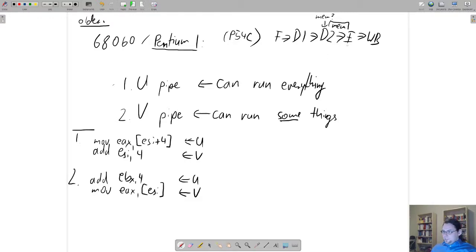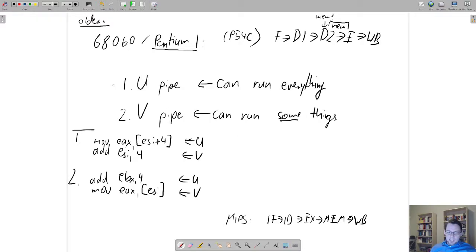In MIPS, you have this kind of design. Just for a refresher, this is R3000 level: fetch, decode, execute, mem, write back.